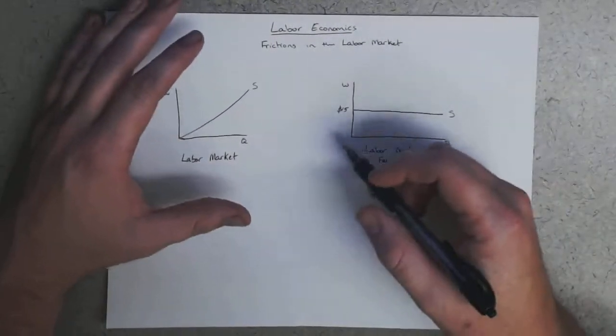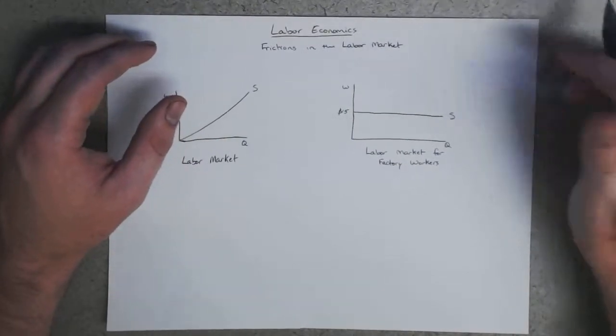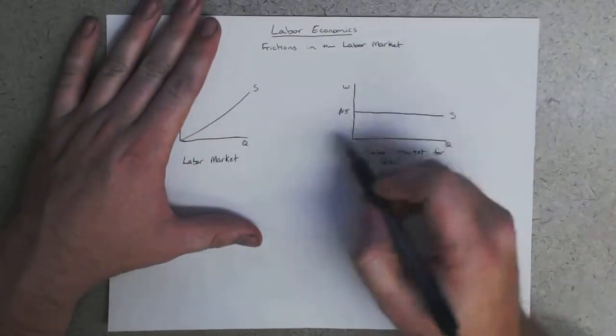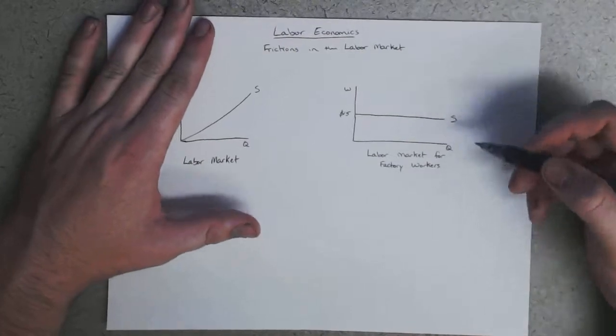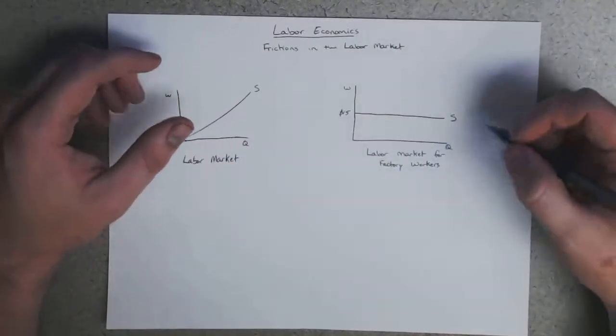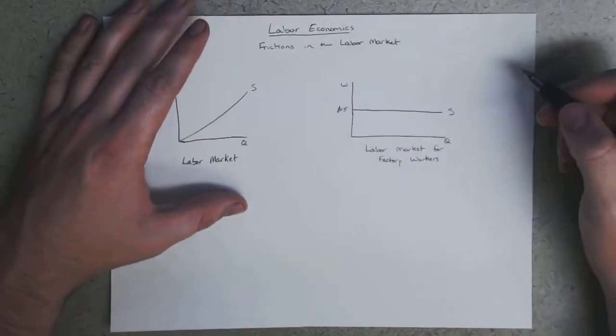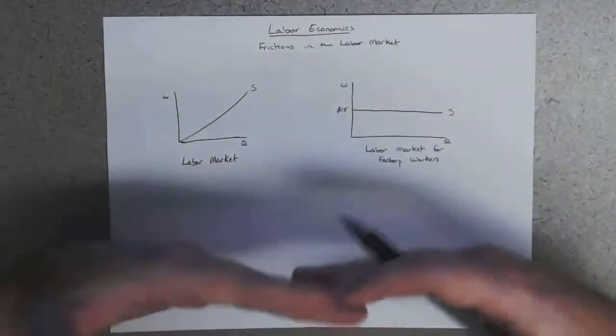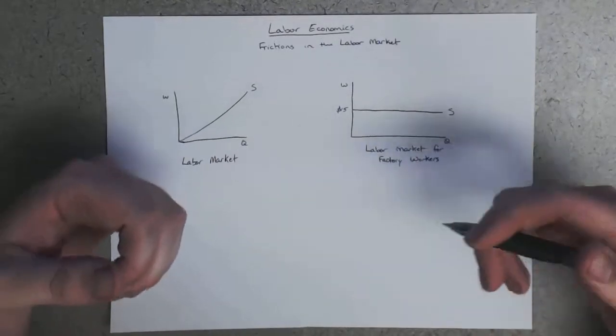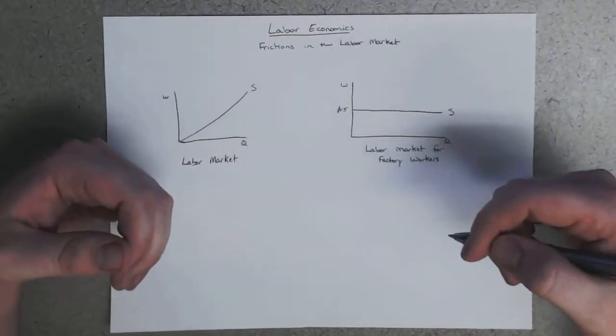They can go work at Walmart and make $15 an hour there. And so if the factory doesn't pay them at least $15, these people are going to say, screw it, I'm out, right? And if they were to pay them $15.01, they'd just be adding costs without getting any extra benefit out of it, okay?